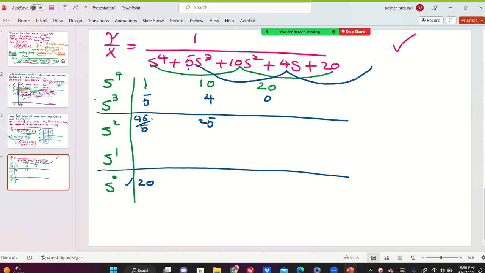This multiplied by this minus this multiplied by this. 5 multiplied by 10, 50 minus 4. That's right. This multiplied by this minus this multiplied by this, divided by 5. Now this multiplied by this, 100 minus 0, divided by 5 is 20. Okay.